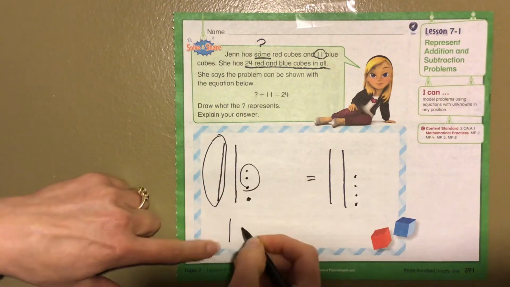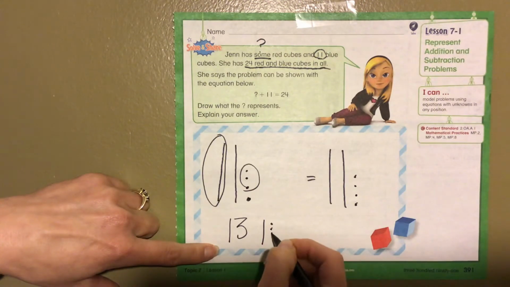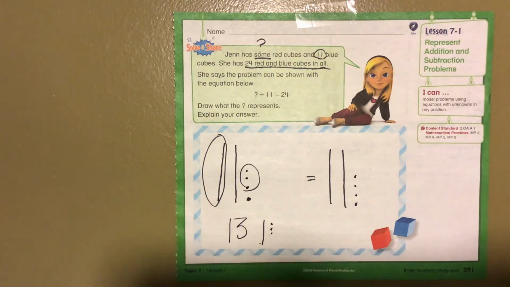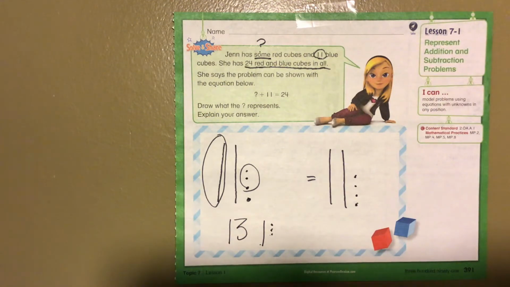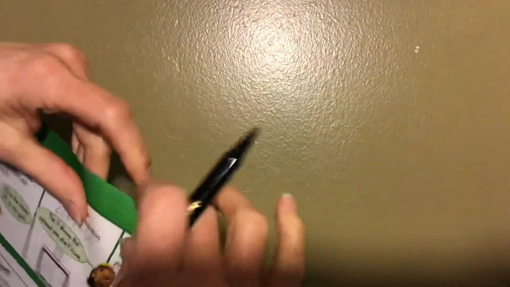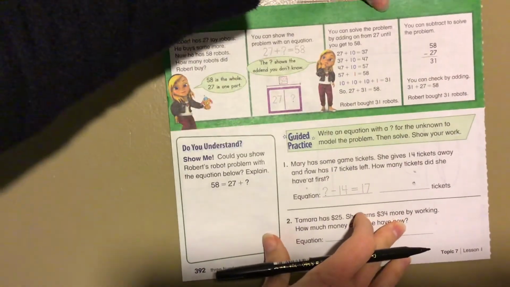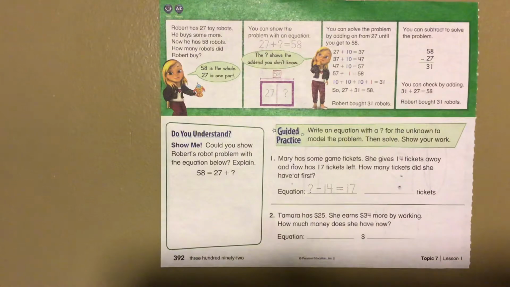So 10 plus 3 equals 13, or 10, 11, 12, 13. Okay, so this just shows us an idea on how we can actually draw this out. And you can use little cubes. I'm just using drawing to kind of show how this is working here. Sorry about my shadows and everything on here.